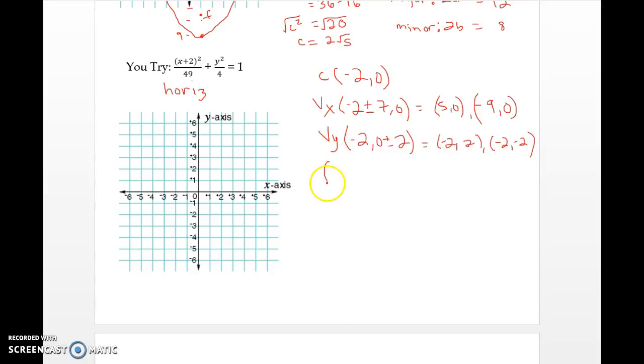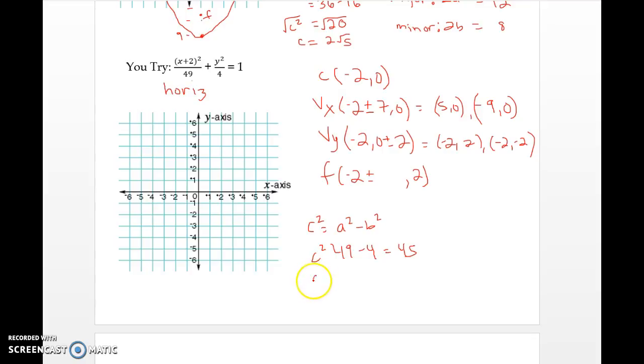Then we want to find our foci. We're going to add plus or minus c to our x, because it's horizontal. And we got to find c. C squared equals a squared minus b squared, and that's 49 minus 4, which equals 45.